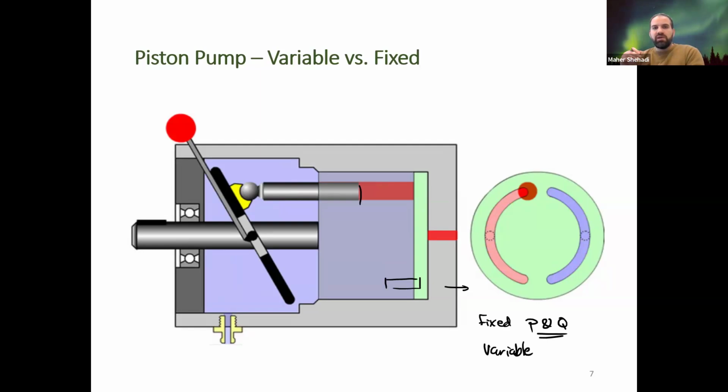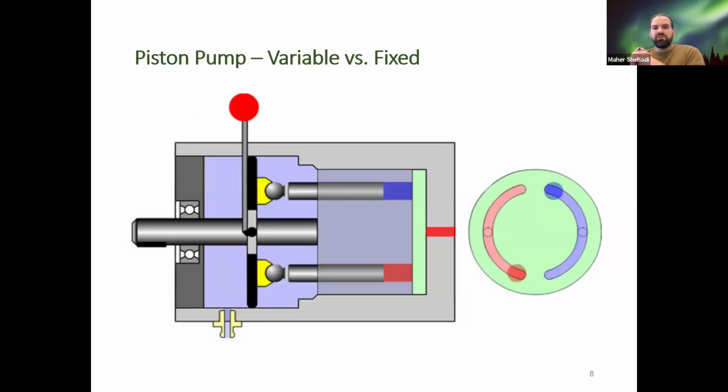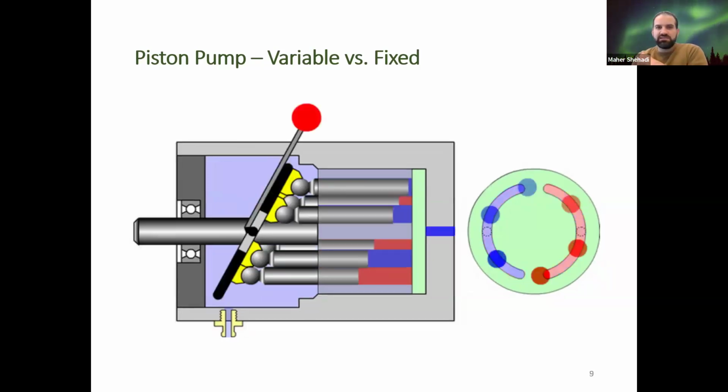If you need to do nothing, like the neutral, then the inlet and the outlet have the same volume. So the fluid would just go in and out as it's rotating. It's not delivering any pressure. That's the neutral case.